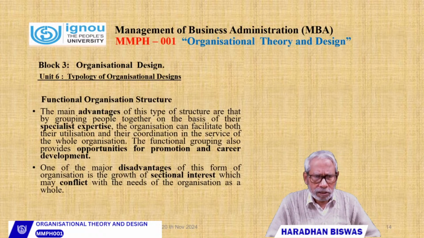Then one of the major disadvantages is sectional interest, because particular sections may take interest only in themselves. There may be some competition, some conflict may occur. So the needs of the organization as a whole matter.